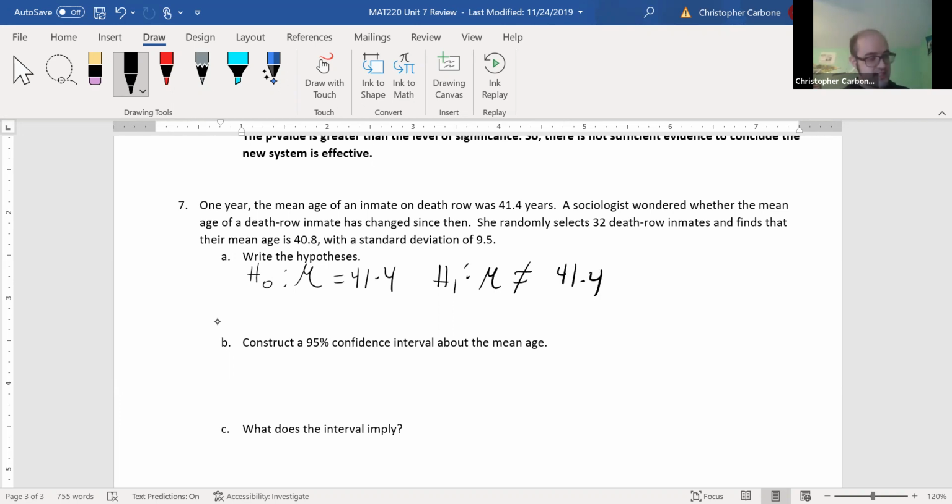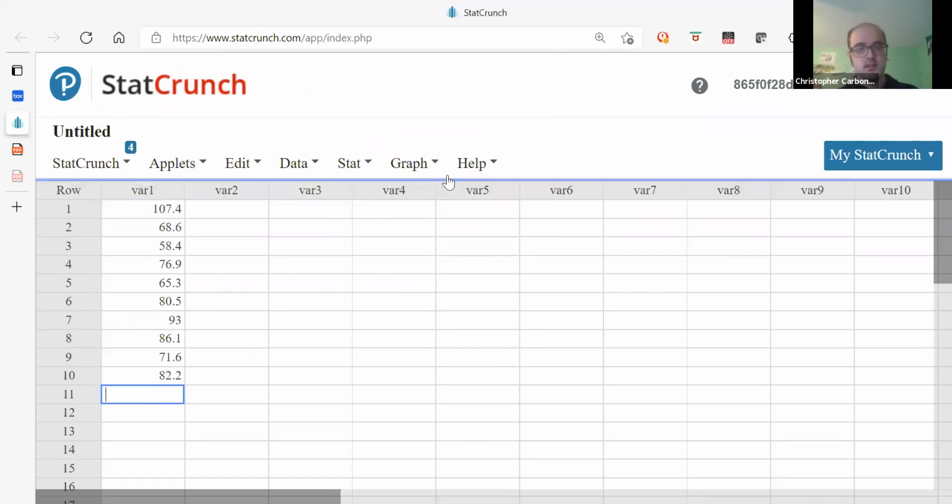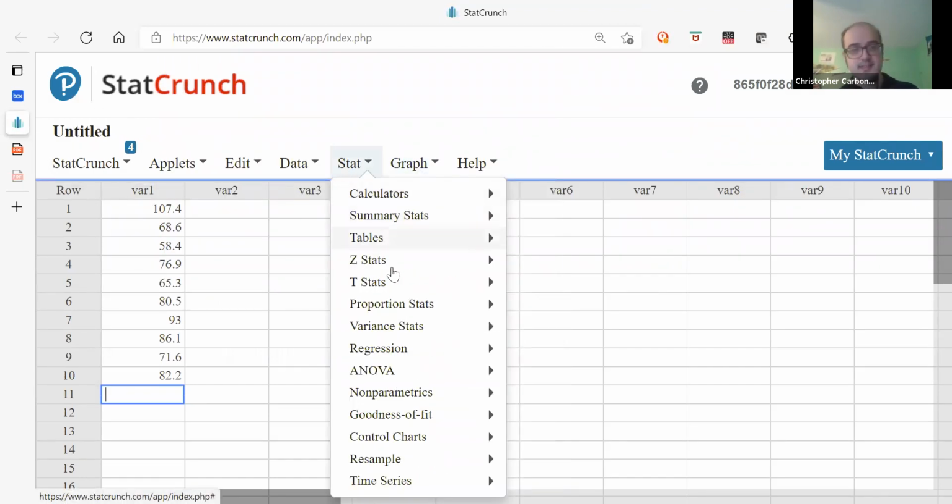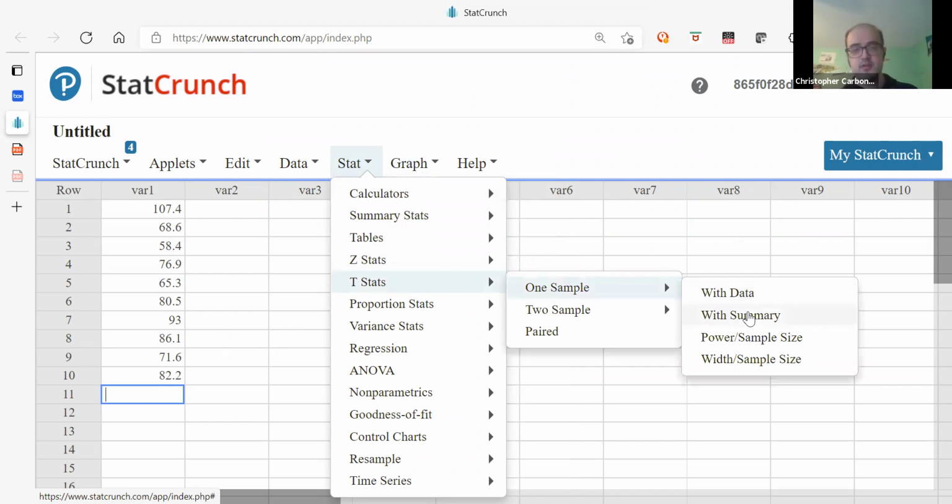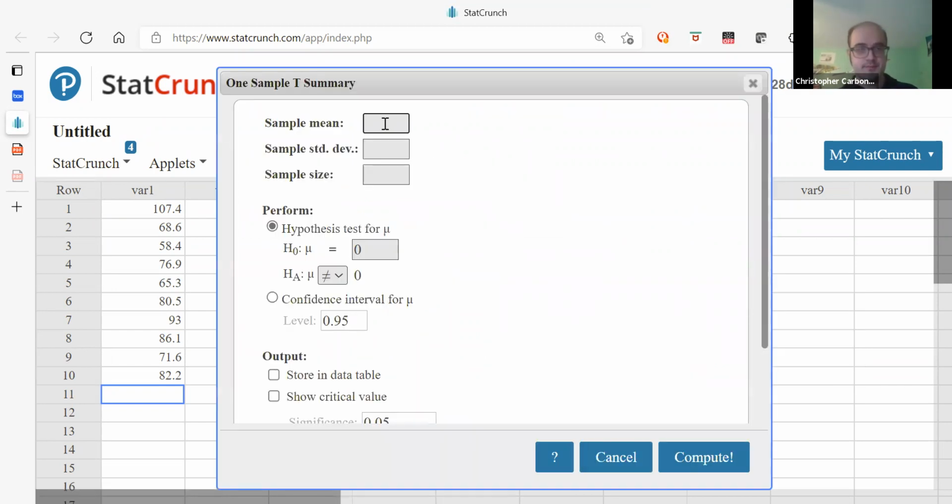For the 95% confidence, we can find our lower and upper bounds. So let me pull that back up, get rid of all this. We're going to go to Stat, T Stats, One Sample, With Summary. The sample mean was 40.8 years.